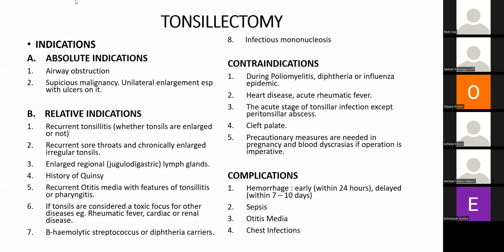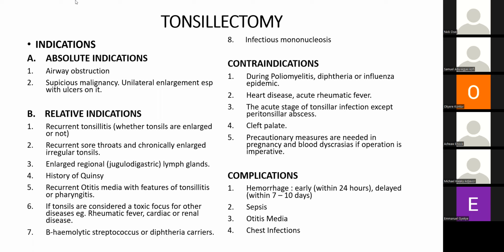And as a precautionary measure, when one is pregnant or when there's a blood dyscrasia, that is when the patient is prone to excessive bleeding, when there are hematological malignancies around, you may want to quickly resolve that before you consider a tonsillectomy.